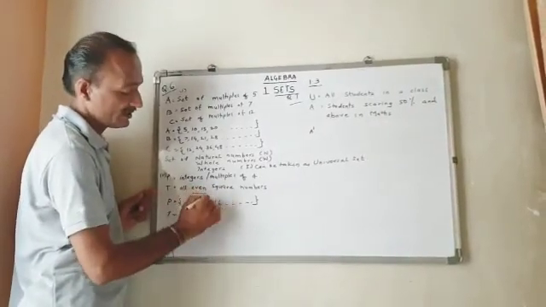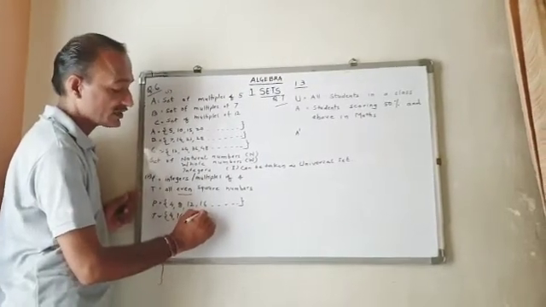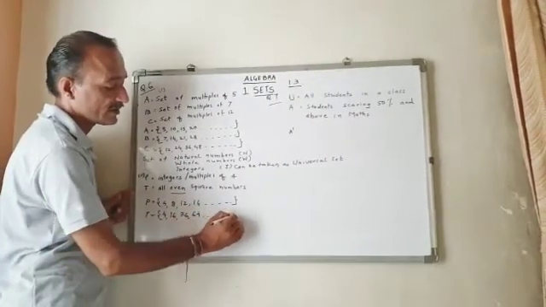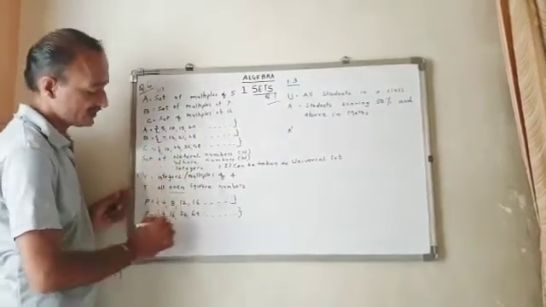We want even. 6 squared is 36, 7 squared is 49, so 64 again. So for this also, this can be included in natural numbers.